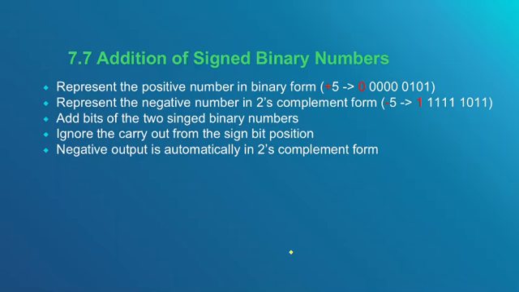So, addition of signed binary numbers. Here, the positive numbers will be represented in signed magnitude representation. That is, you use only 0 to represent the positive sign, and the remaining bits represent the exact binary value of the decimal value 5. To represent the negative numbers, we will be using 2's complement form.